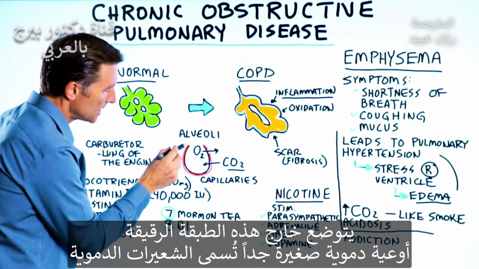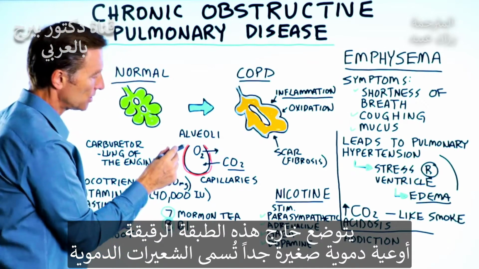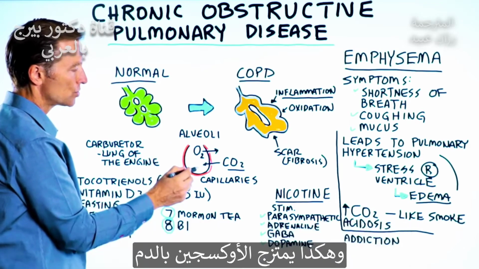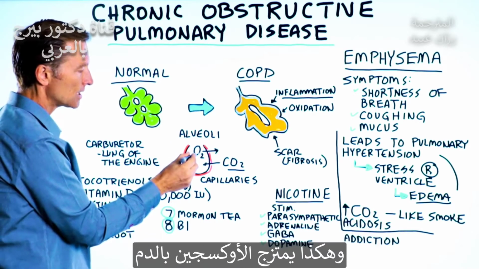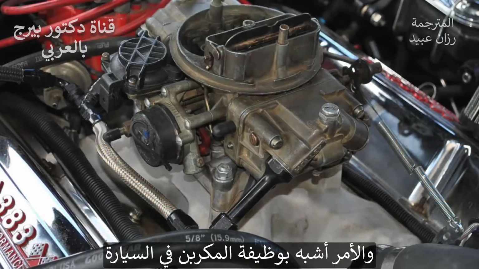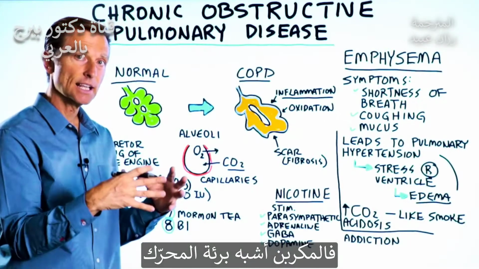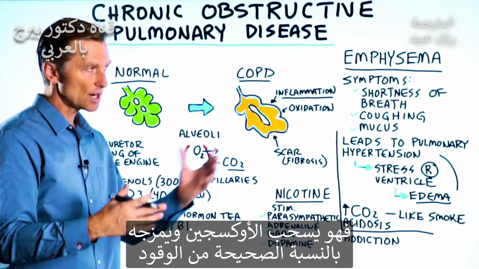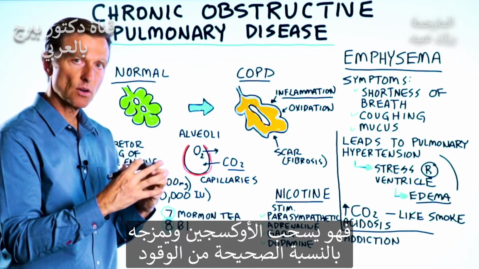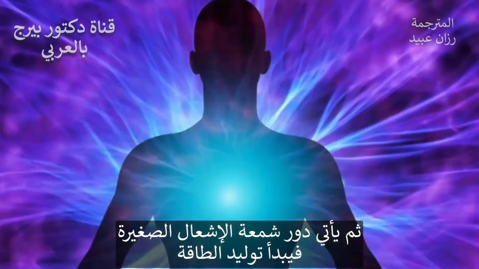And right outside that thin layer, you have these tiny little blood vessels called capillaries. So we're really mixing in the oxygen with the blood. It acts sort of like a carburetor. The carburetor is the lung of your engine, where you're actually pulling in oxygen, mixing it with fuel with the right ratio, a little spark plug, and creating energy.